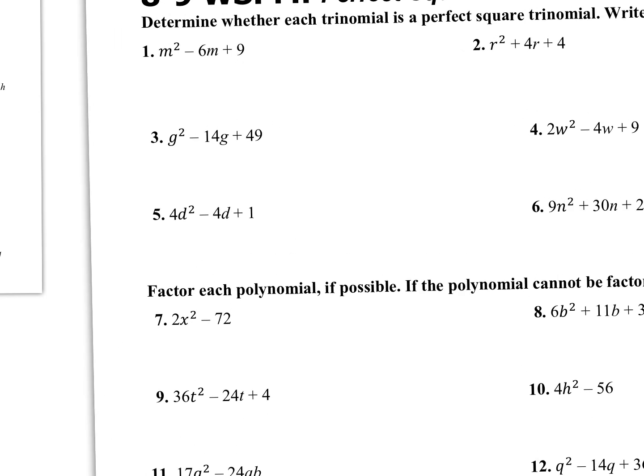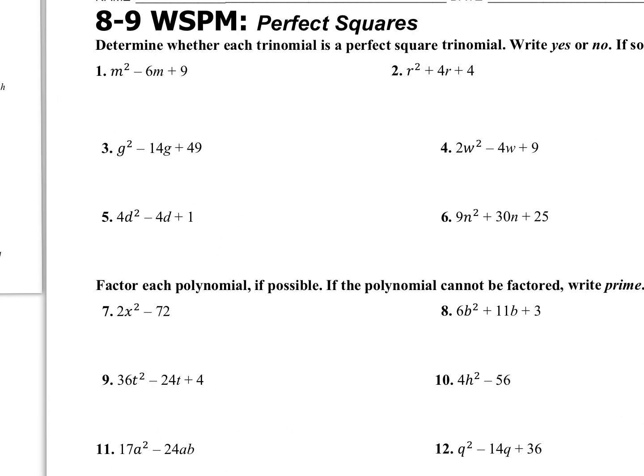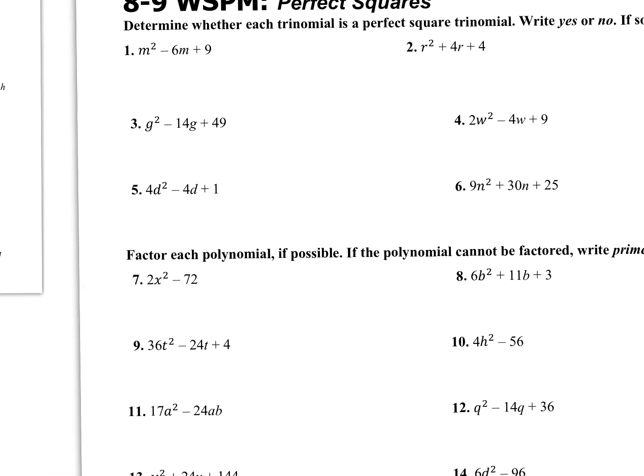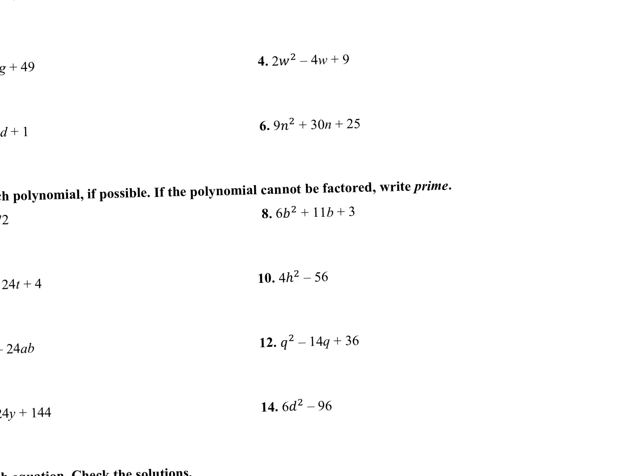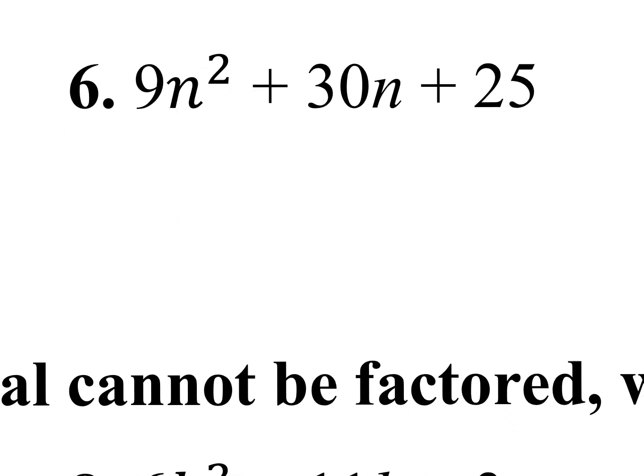Now, when we look at this other one, these are perfect square quadratic trinomials. So same deal. If you could pull out something, go ahead and pull it out, a GCF. But right here, there's nothing to pull out. You can't divide by 2, can't divide by 3.